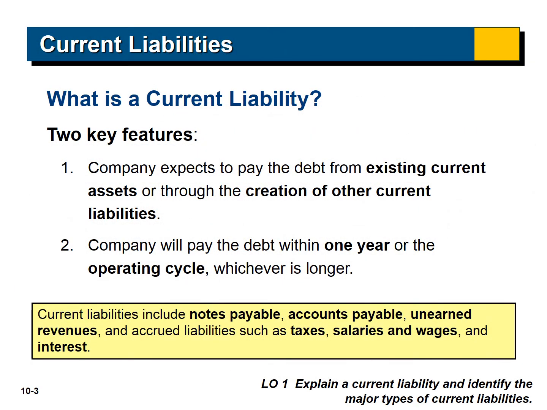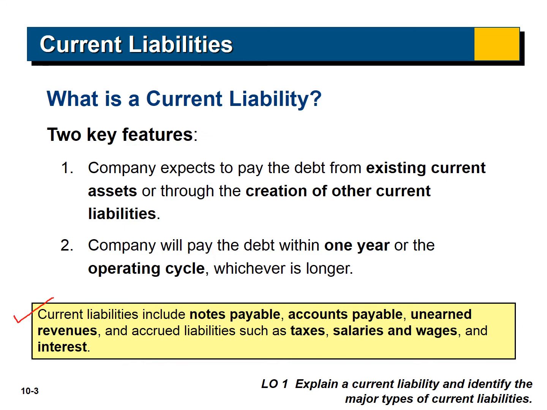First of all, you might recall that we have talked about the difference between a current liability and a long-term liability. A current liability has two features. The company expects to pay the debt from existing current assets or the creation of other current liabilities. And the company will pay the debt within 1 year or the operating cycle, whichever is longer.